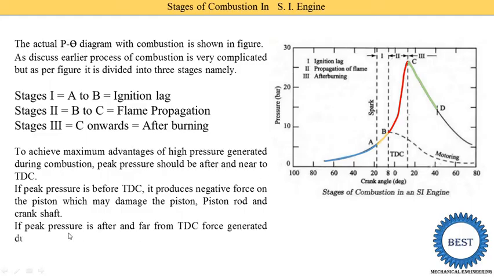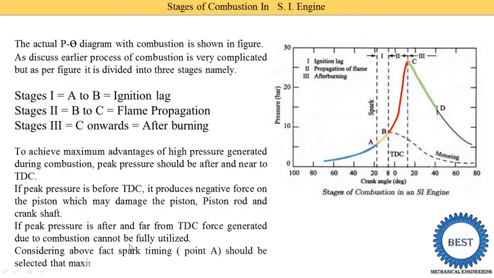Now if the peak pressure is after and far away from TDC, meaning this point C is far away from TDC, on this region here, then what happens? The energy is not completely utilized, so power production is reduced. So considering the above facts, the spark timing at point A shall be selected so that the maximum pressure will be after and near the TDC.